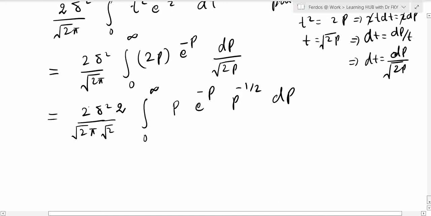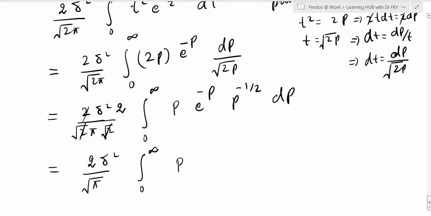So you can cut 2 with these 2. This is equal to 2 sigma square divided by pi, 0 to infinity. Now this p has power 1 and this has p power minus 1 divided by 2, so this is 1 minus 1 divided by 2, and e power minus p dp.